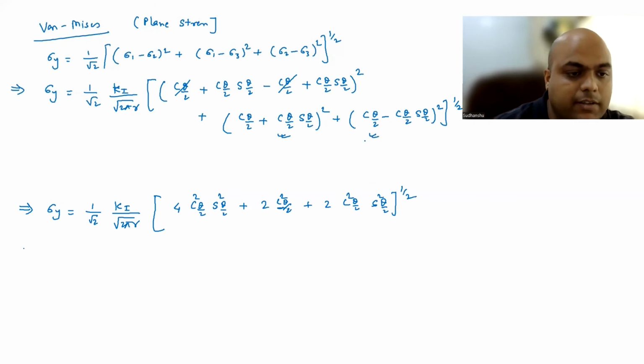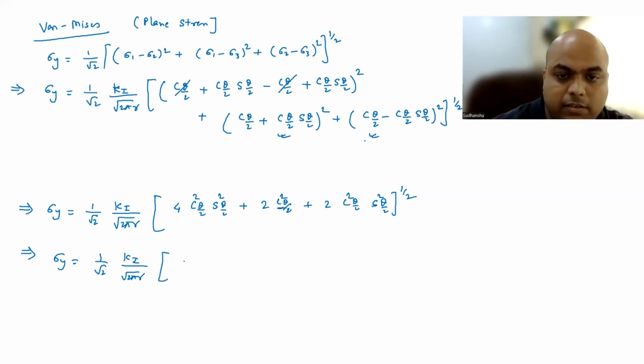Okay. And then we can write this as sigma y equal to 1 by root 2, K1 divided by root 2 pi r, times 2 cos squared theta by 2 plus 6 cos squared theta by 2 sin squared theta by 2, to the power half.